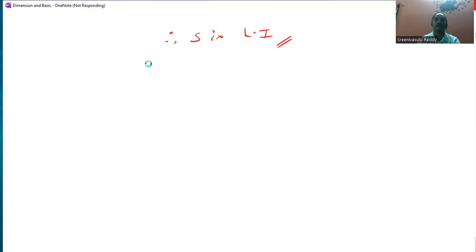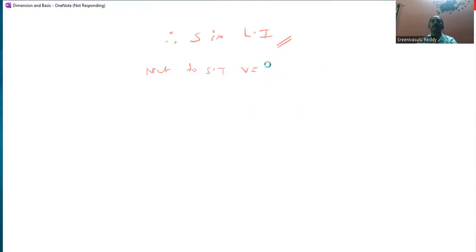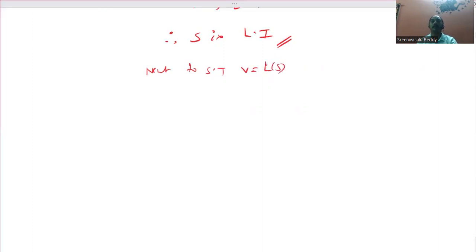So next, to show that any vector is a linear combination of elements of S. V equal to L of S. Take an arbitrary vector as usual procedure.